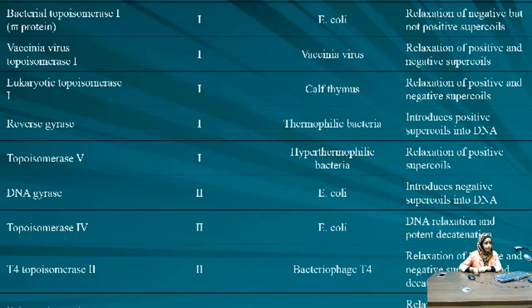Prokaryote replication. This table shows the different enzymes which play a role in replication and in the formation of the replication fork. Bacterial topoisomerase examples are bacterial topoisomerase 1, vaccinia virus topoisomerase 1, eukaryotic topoisomerase 1, reverse gyrase topoisomerase 5, DNA gyrase topoisomerase 6, and T4 topoisomerase 2.